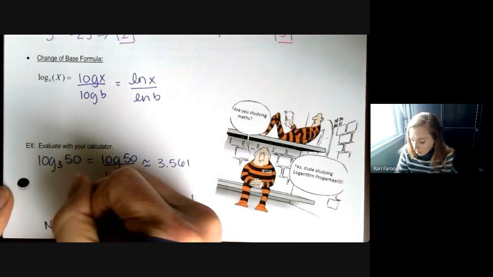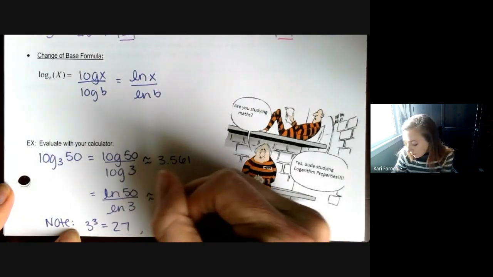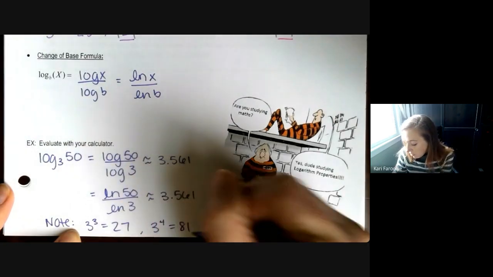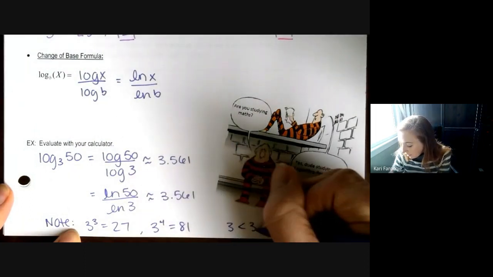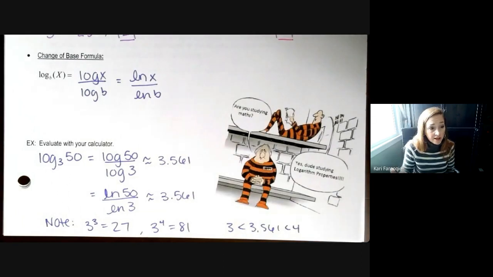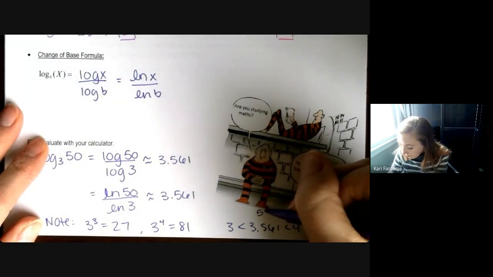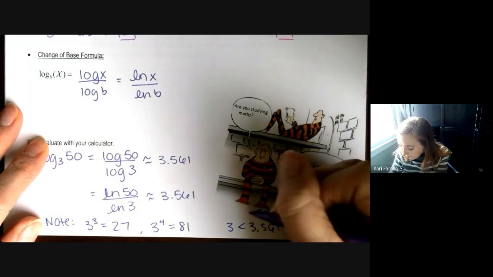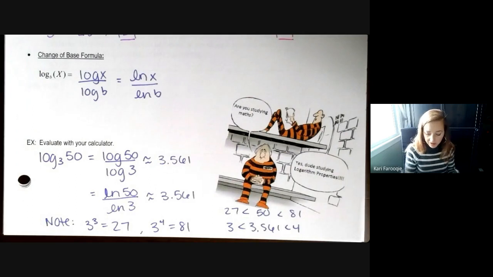So your value is in between those two exponents, which makes sense because 50 is between 27 and 81. Okay, so it does make sense, and that's what the value represents.